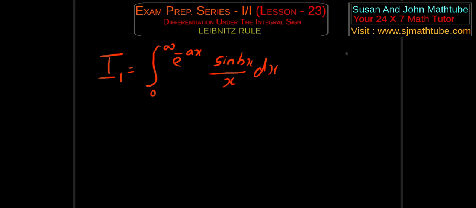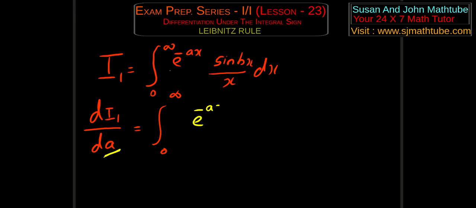So we have parameters a and b and the variable x. So I'm going to write dI1 by dA. And when you use Leibniz rule and differentiate an integral, remember you're going to apply partial differentiation. And that means a will be the only variable when you differentiate. So as always, and I'm sure you understand that step very easily, that will be minus x e power minus ax, and then this is a constant, so we get sin bx by x dx.